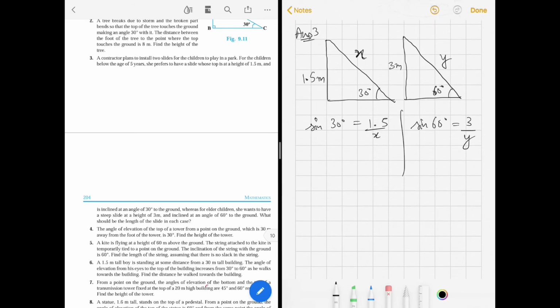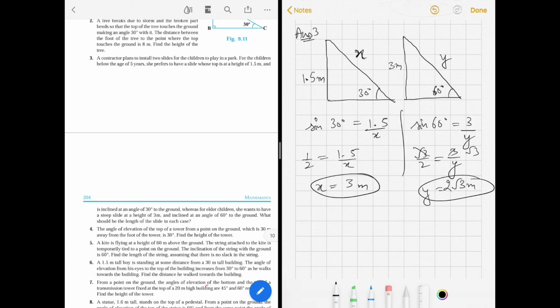So from here we have 1.5 upon x, so x comes out to be 3 meters, and this is root 3 by 2. So I can cancel out one root 3 from 3, because 3 means root 3 into root 3. So y comes out to be 2 root 3 meters. Okay, I hope this is clear.